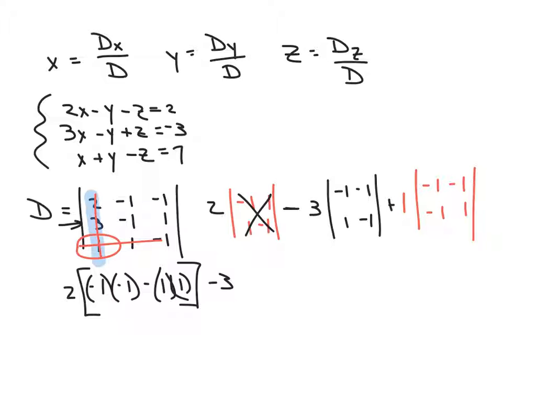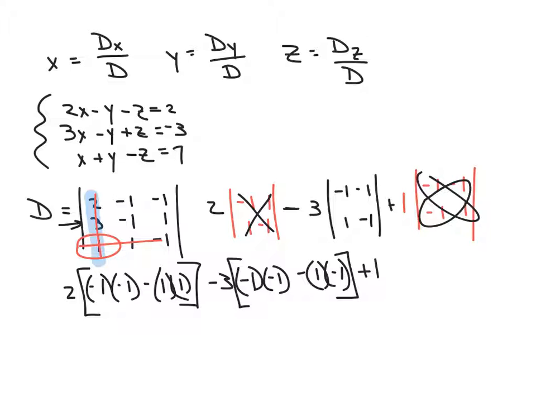Minus 3 times negative 1 times negative 1 minus 1 times negative 1, plus 1 times negative 1 times 1 minus negative 1 times negative 1.